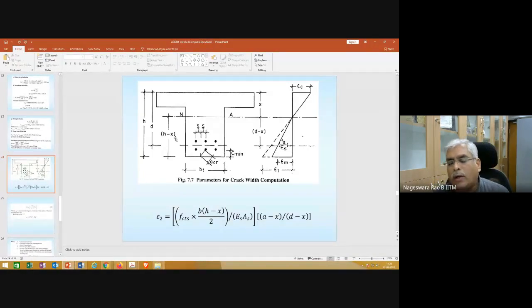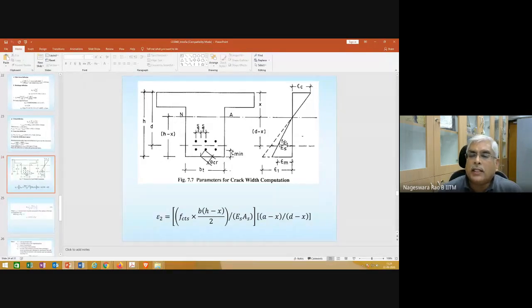please make a note on your paper. Epsilon 1 can be written as fs divided by Es, that is the strain at the CG of the reinforcement, multiplied by h minus x divided by d minus x. Is it clear?